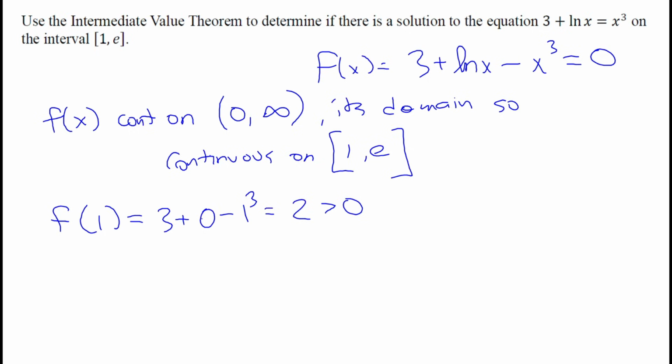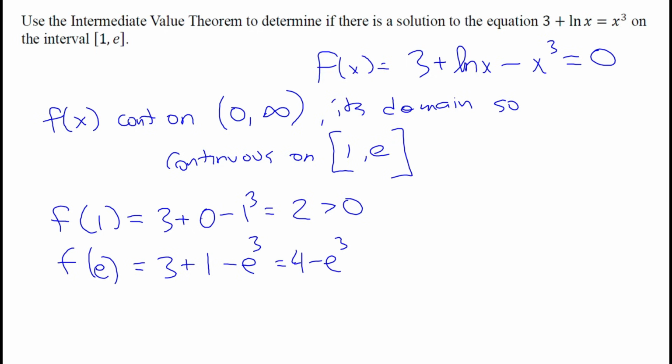And then we also have an f of e, right? So f of e is going to give us 3 plus the natural log of e, which is 1, minus e cubed. Well, that's 4 minus e cubed.